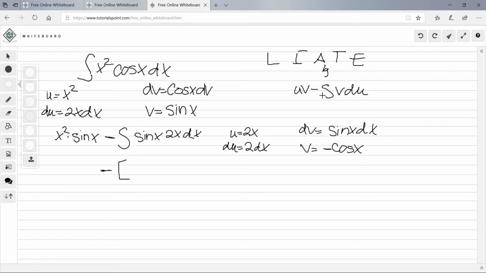So uv, which is 2x times negative cosine x, minus the integral of v du, where negative cosine x is our v, and our du is 2 dx.